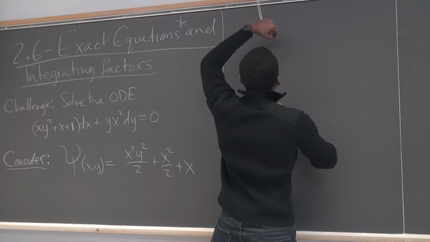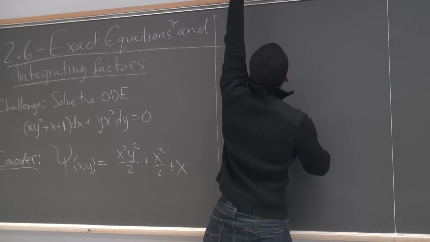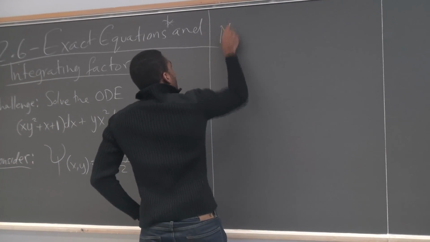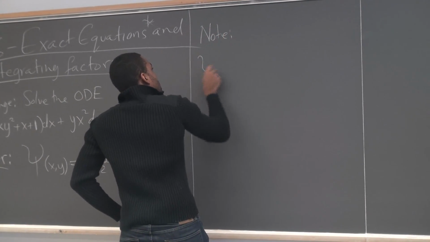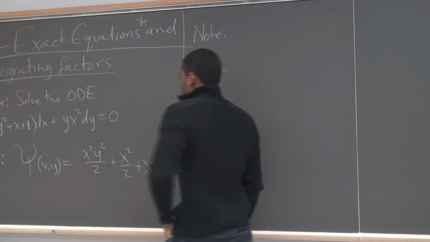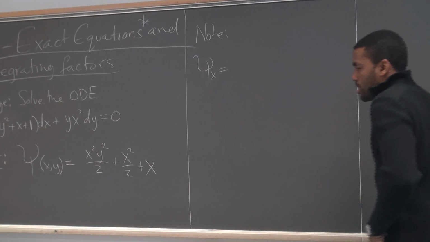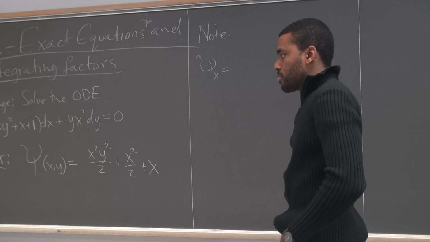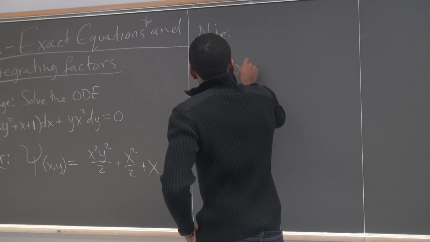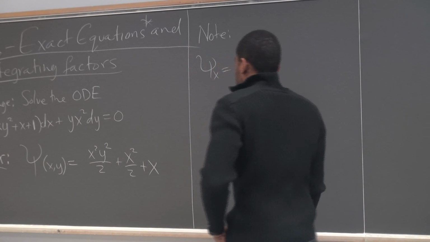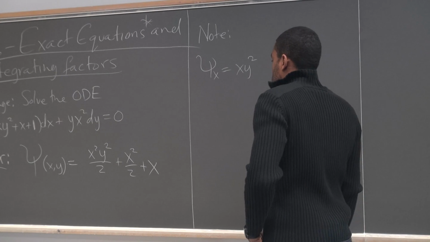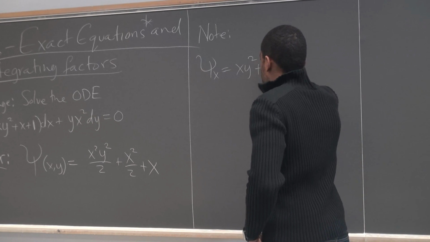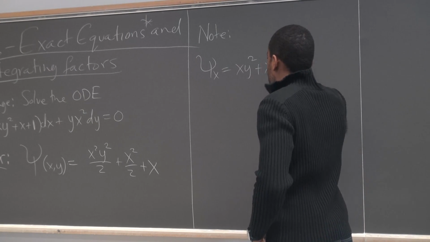Note the following. If I take the partial with respect to x of this function, what do I get? I get xy squared plus x plus 1.